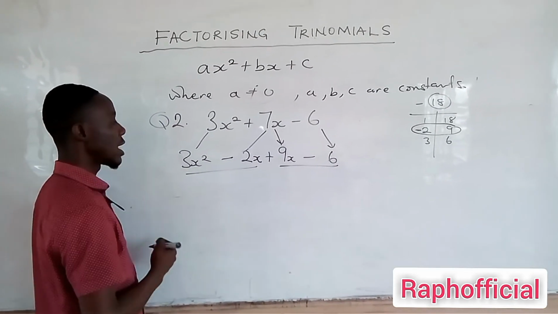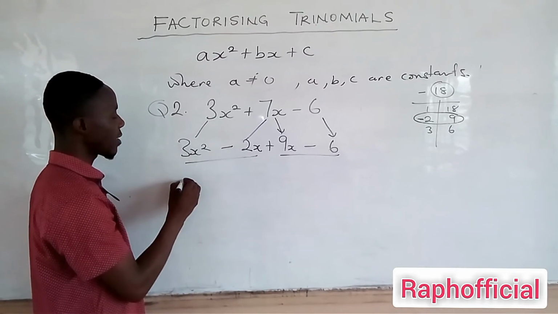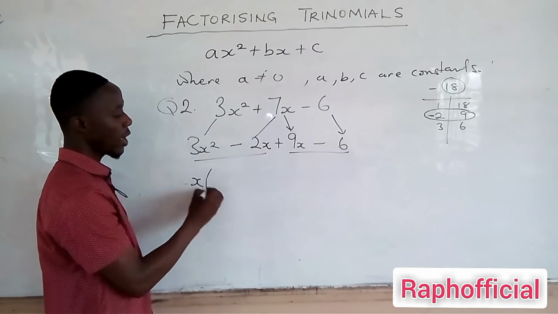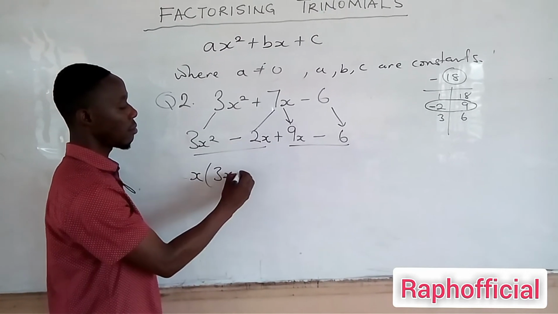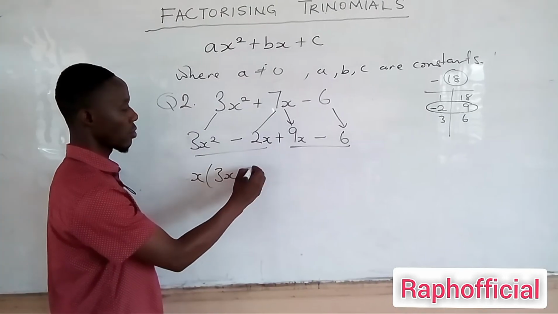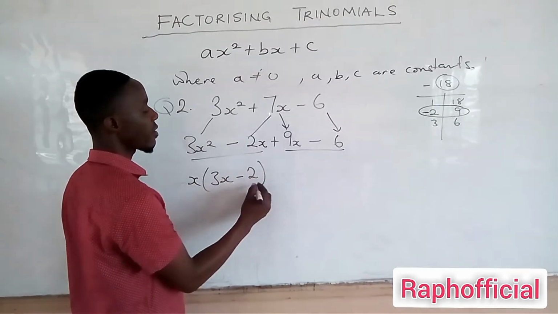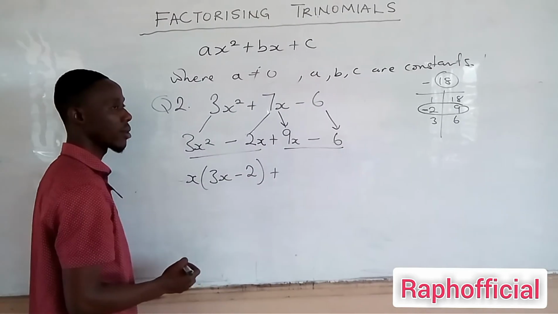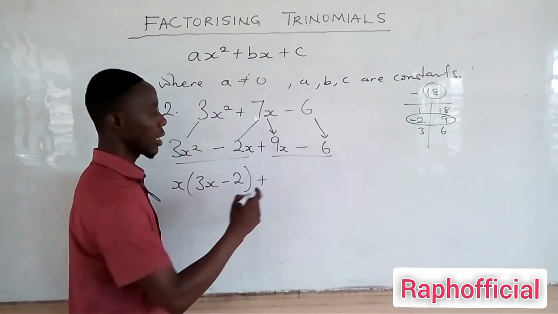Let's move. What is the factor here? The factor here is x. So x out, we have 3x minus 2. Let's go to the second one. Plus, what will be the factor here? 3.